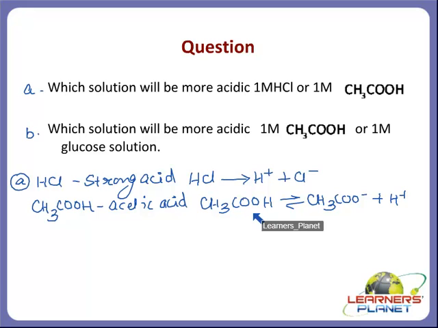CH3COOH is dissociated forming CH3COO- and H+. Again the CH3COO- and H+ are combining and they are forming what? Acid again. So what will be the concentration of H+ ion?